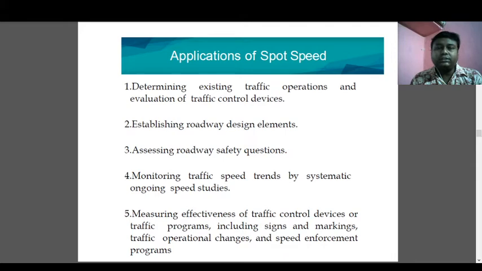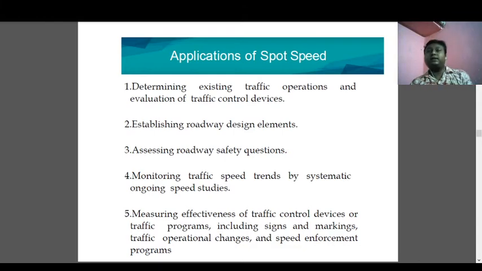The spot speed study is applied for controlling traffic movement and for establishing roadway design. Design means geometric design, where traffic speed is a vital, predominant parameter for that particular roadway. Next is assessing roadway safety questions.